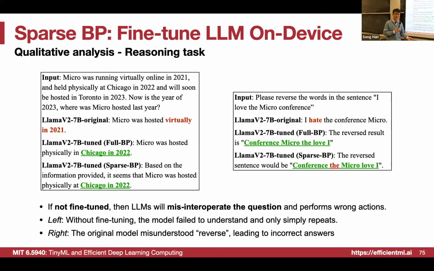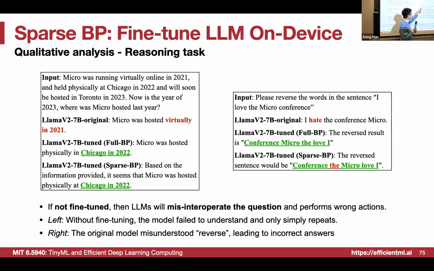We do some reasoning: last year is 2022, so it should be Chicago. The original Llama v2 says MICRO was hosted virtually in 2021. It didn't get it correctly; last year of 2023 should be 2022. But the fine-tuned model with full BP answered it correctly, and with sparse BP also answered it correctly.